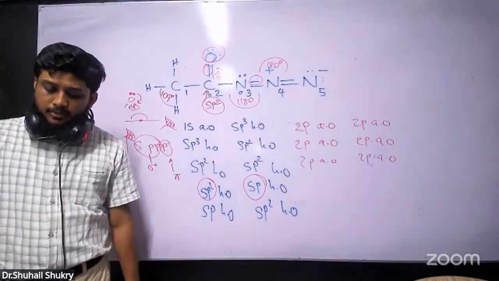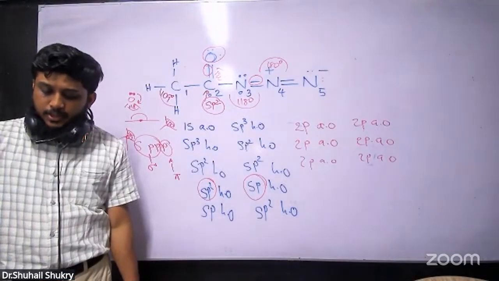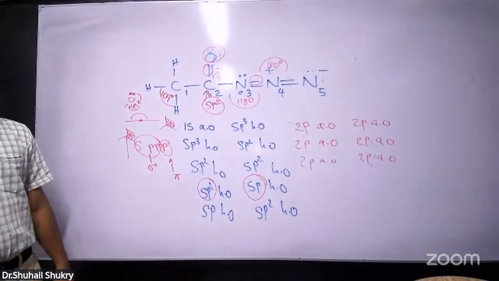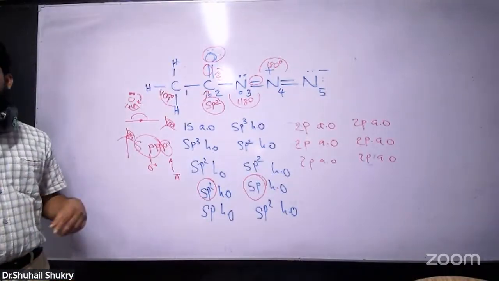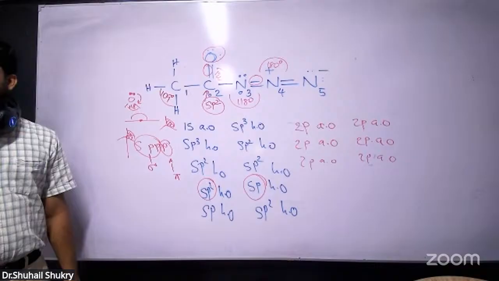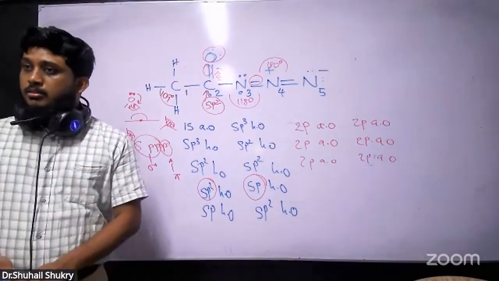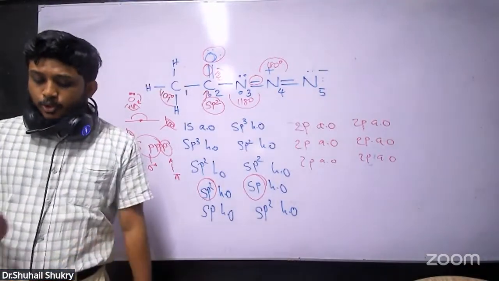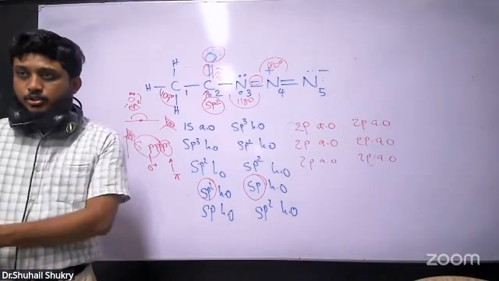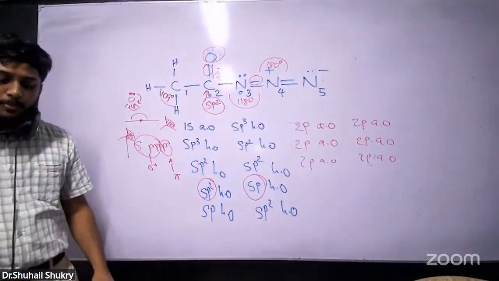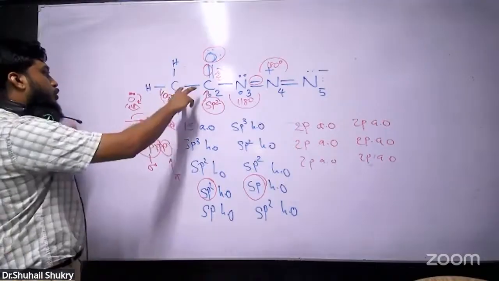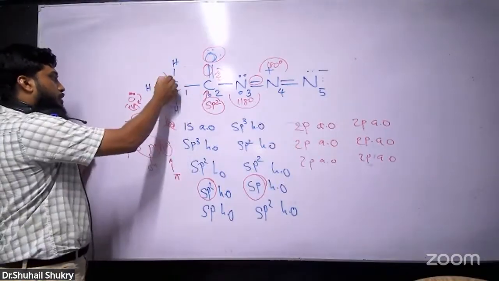Arrange the following atoms in increasing order of electronegativity: C1, C2, N3, N4, N5. Who is more electronegative, carbon or nitrogen? Nitrogen. Both carbons should come lowest, nitrogen highest. So now you have to compare both carbons.